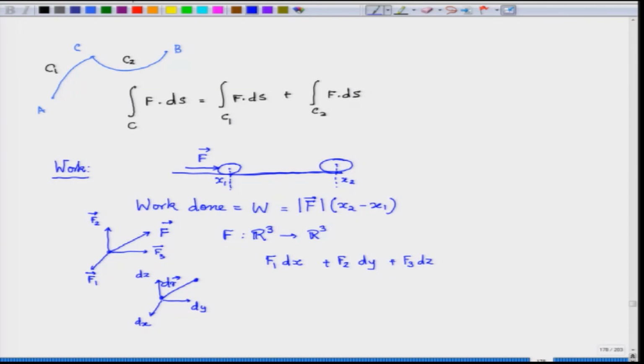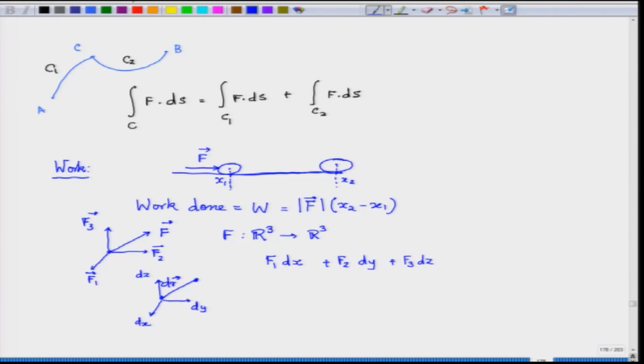So the force acting along the x direction is F1, and along the breadth, the y direction, it is F2, and along the z direction it is F3.